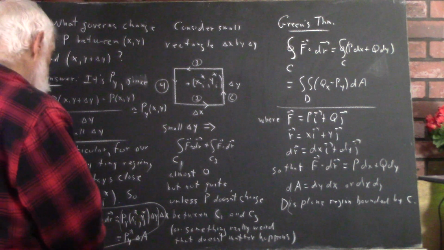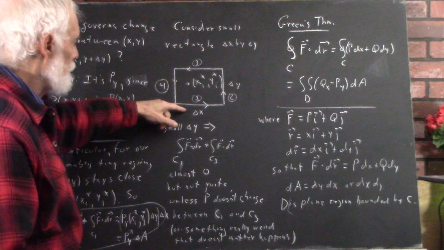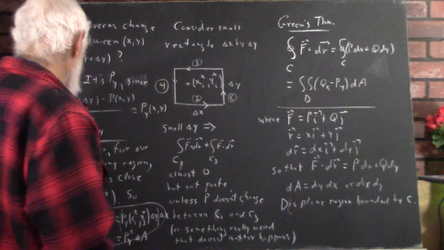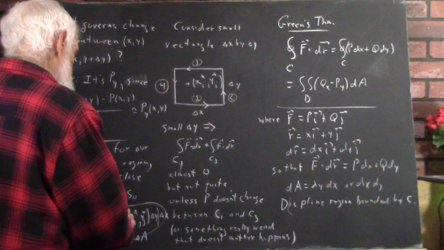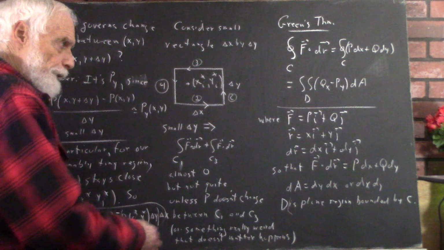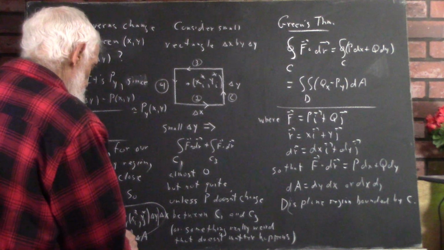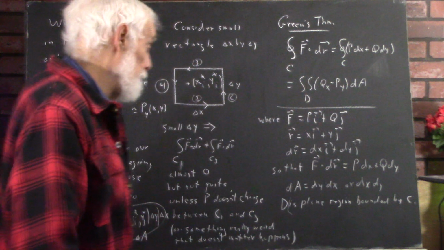When I said minus, I'm thinking in terms of changing the value from here to here, but this is integrated in this direction, and this is integrated in this direction, and that leads us to a negative sign here, and when I write this out fully, I'll explain that negative sign. But that negative sign is necessary because, of course, you've got a minus Py dA.